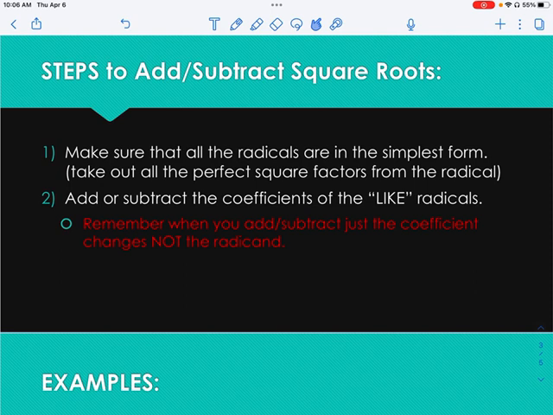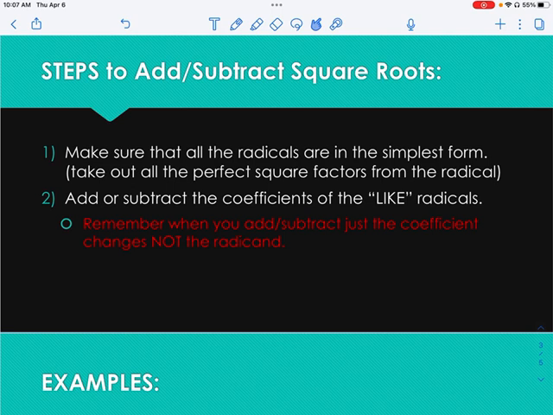So step 1, what you're going to do is make sure that all of your radicals are in simplest form. In other words, you're going to take out the perfect square factors from the radical. The second thing we're going to do is then add or subtract the coefficients of the like radicals, the radicals that have the same number inside, the same radicand.